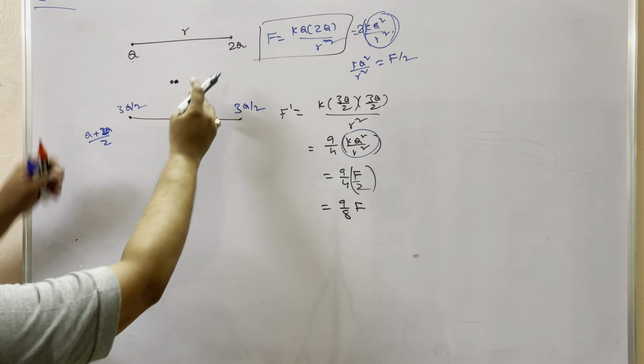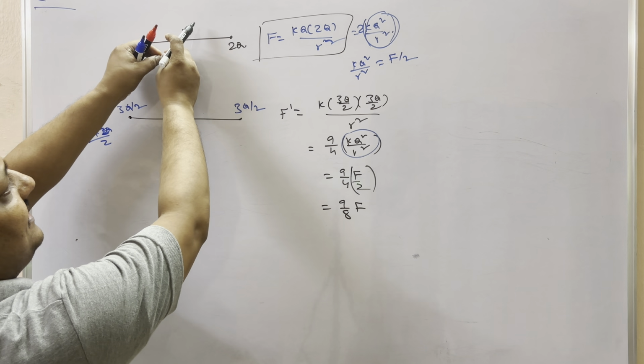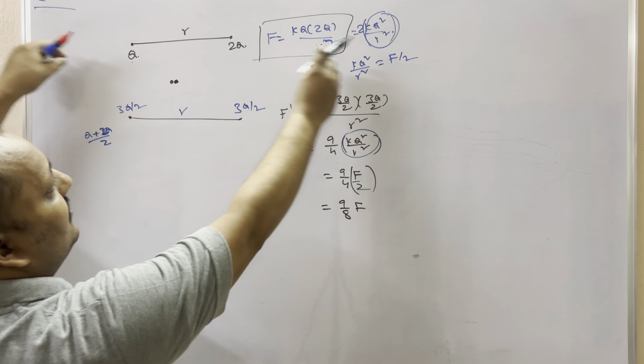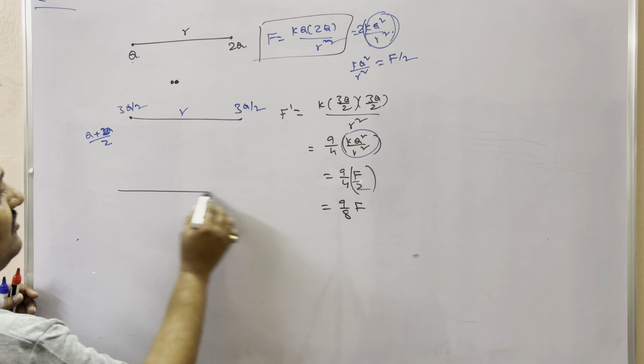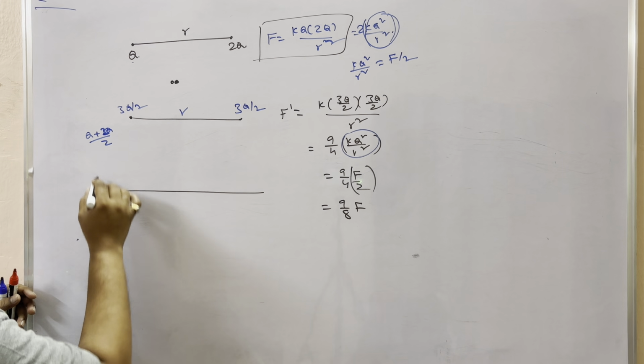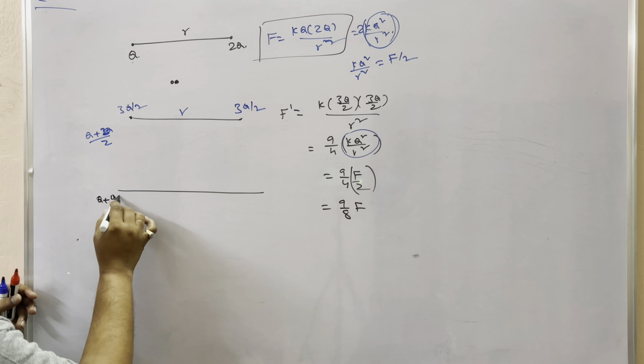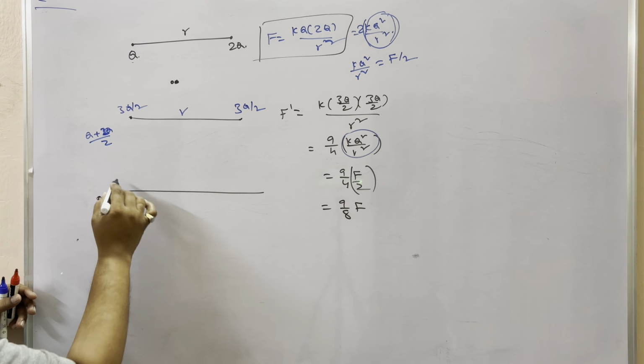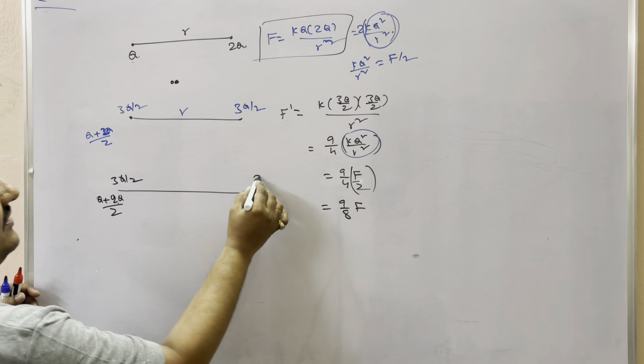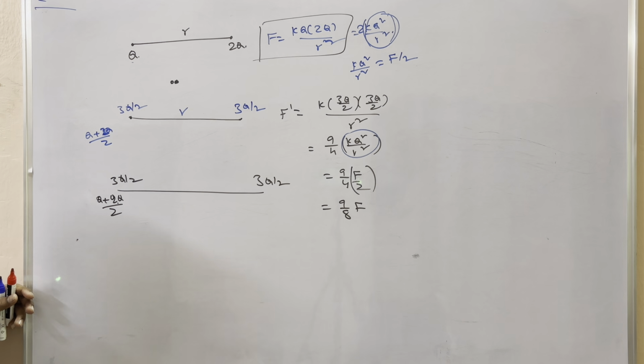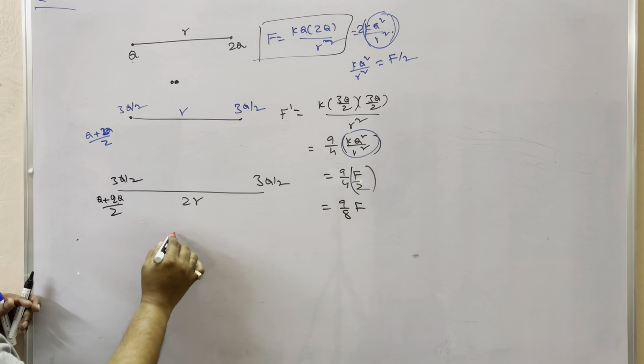Now they are in contact sometime. Again they got separated to 2r. Now I am doing the same question. Whenever they have separated, charge is like this only, q plus 2q by 2, so 3q by 2. This is also 3q by 2. Separation is now 2r. Now see how the answer is going to be changed.